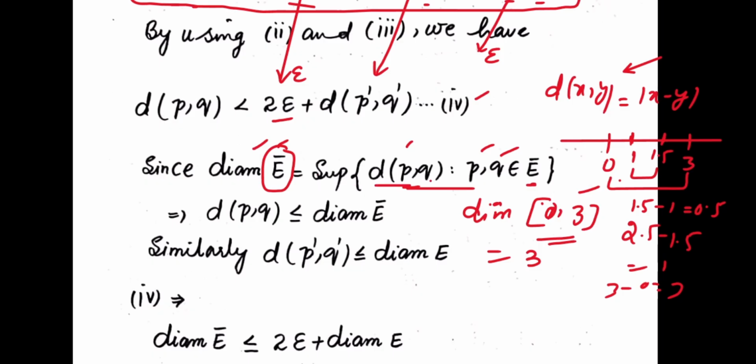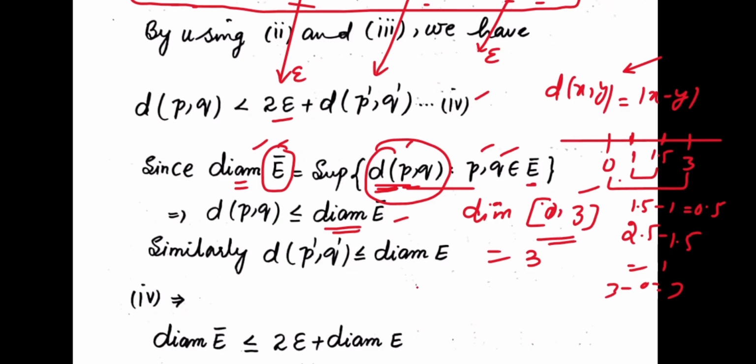It is clear that without the supremum, this number will always be less than or equal to the diameter. Again you can focus that the diameter is the supremum of this set, and the supremum is always greater than or equal to all of these numbers. So that's why this distance P and Q will always be less than or equal to the diameter.